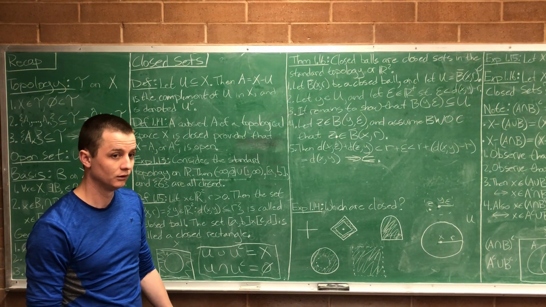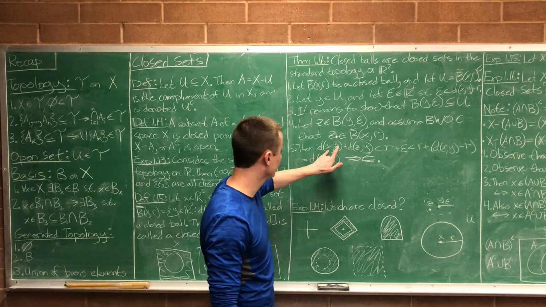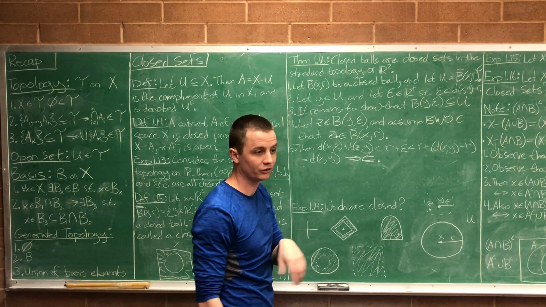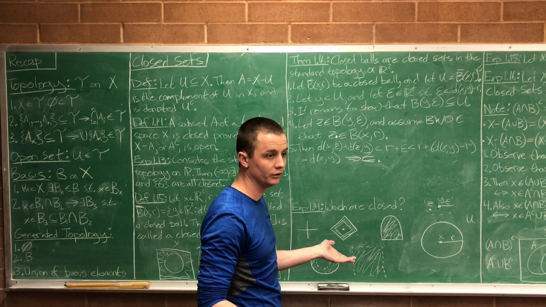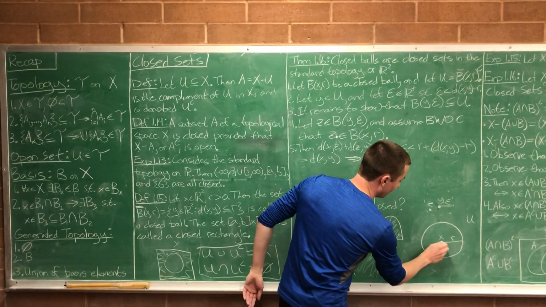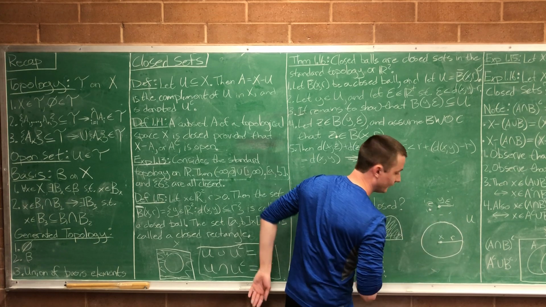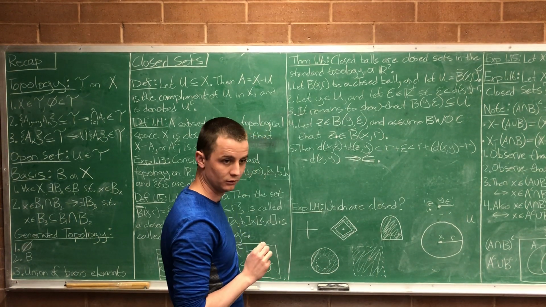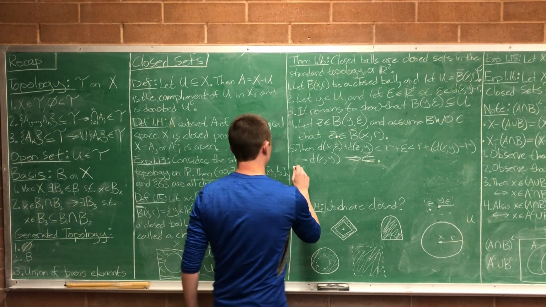Because I just got that the distance from x to z plus the distance from z to y is less than the distance from x to y, contradicting the triangle inequality. That can't be true. The distance from here to here plus the distance from here to here cannot be less than the distance from here to here.